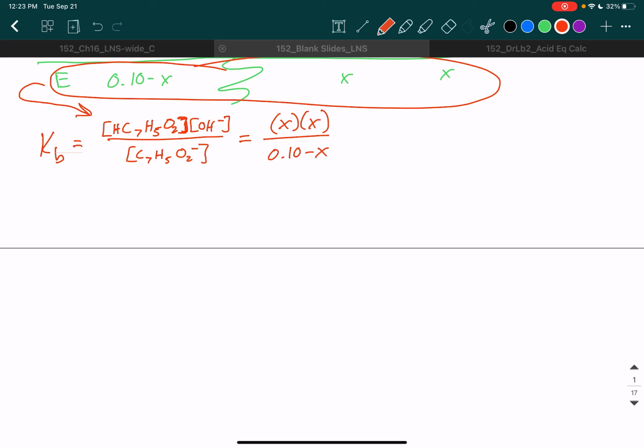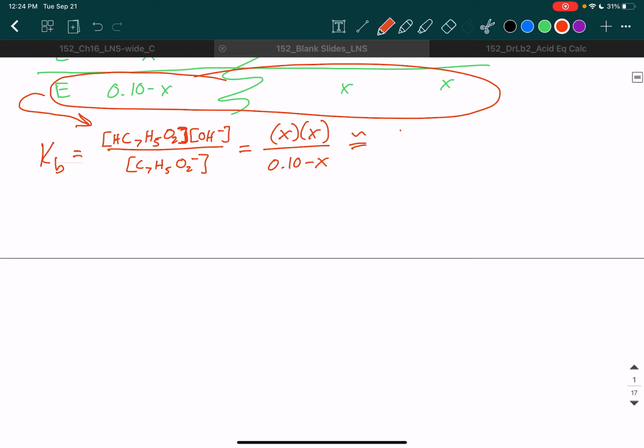Up through test 2, you can always use your approximation. If you try to solve for X this way, along with the Kb that we'll do in just a second, you get the quadratic formula and you're like, ABC, I hate these things. There are ways to handle it if you want, but anyway. X squared over concentration equals now a Kb value.